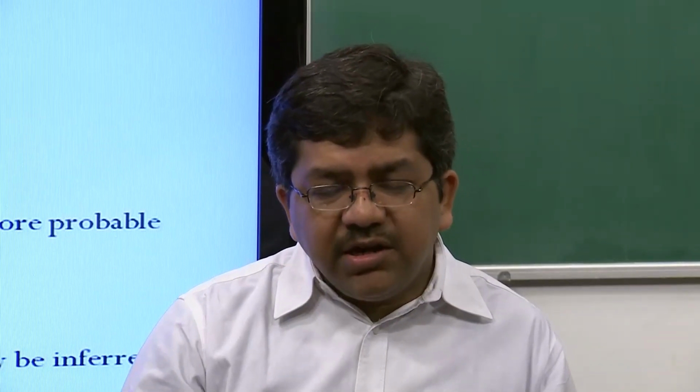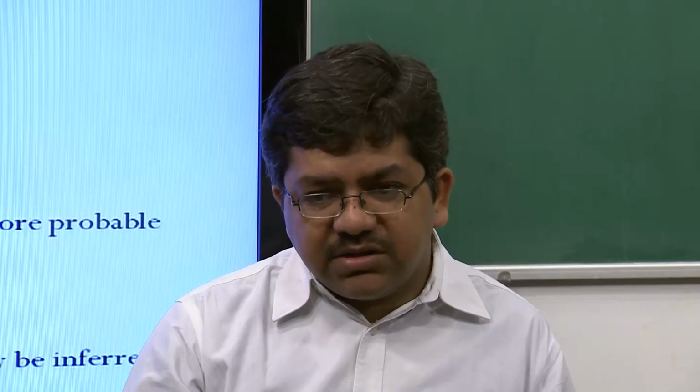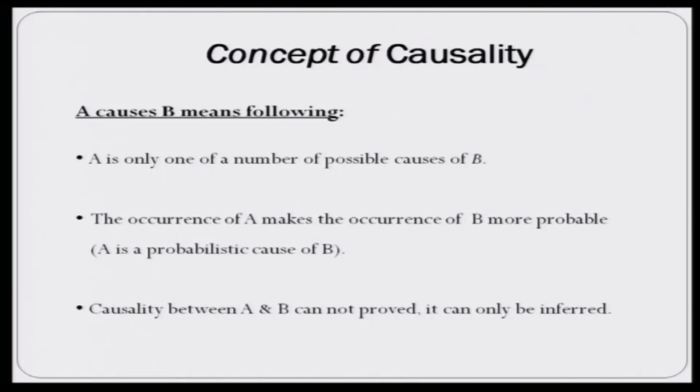However, it is not deterministic that the occurrence of A will necessarily lead to the occurrence of B. Then the third thing we can infer in this causal relationship is that causality between A and B cannot be proved, it can only be inferred, that A leads to B.